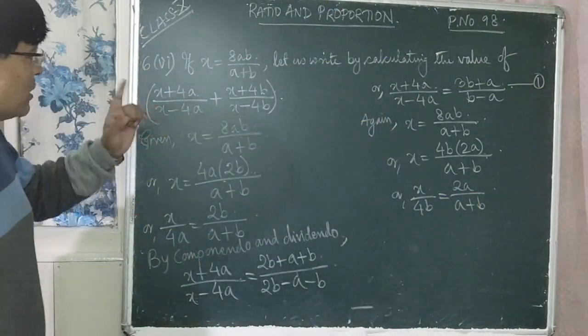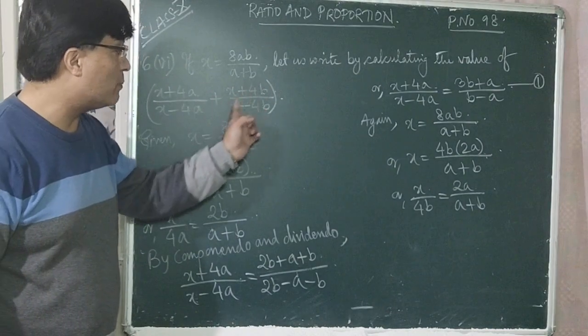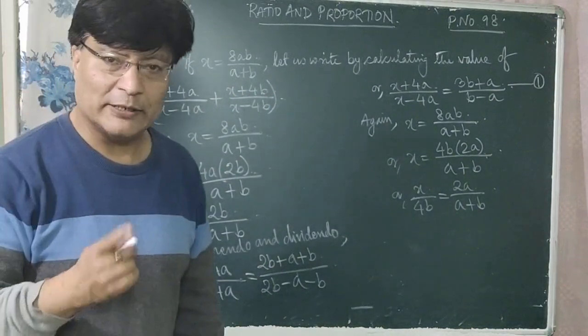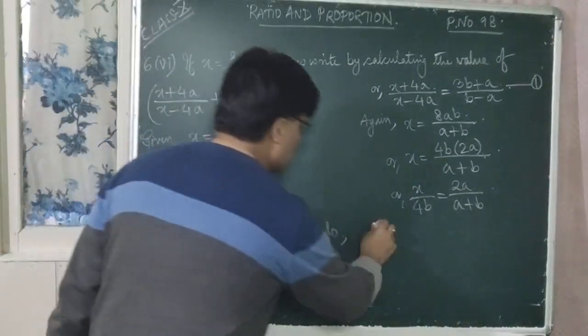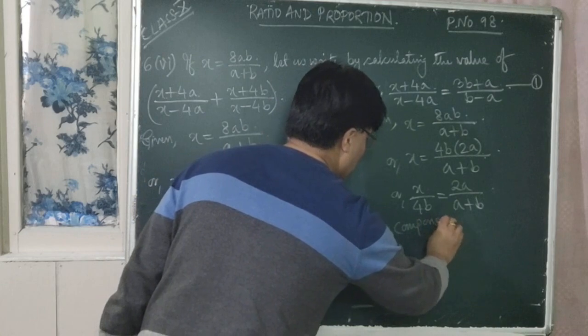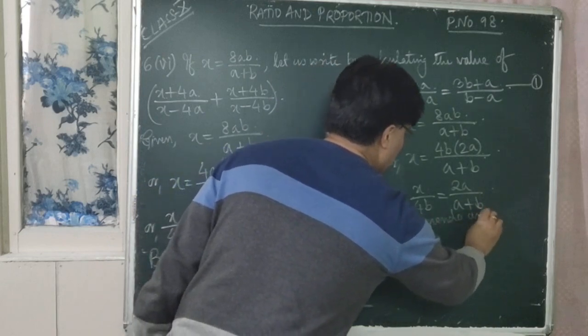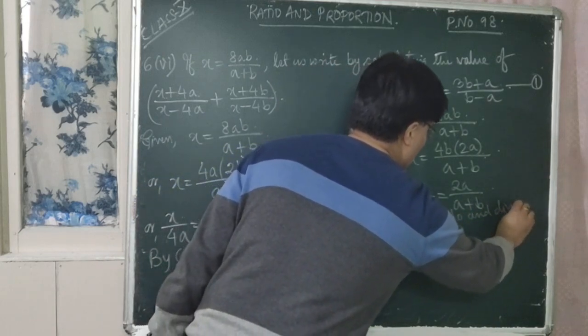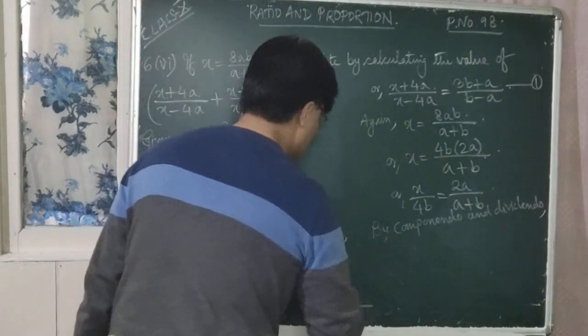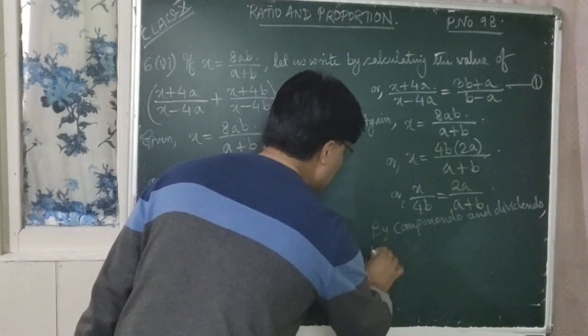So now since you have to get the value for x plus 4b upon x minus 4b, let us use here componendo and dividendo again. Okay, so by componendo and dividendo, comma.